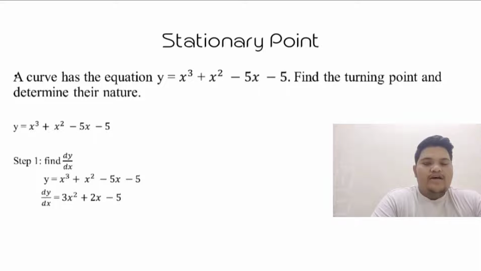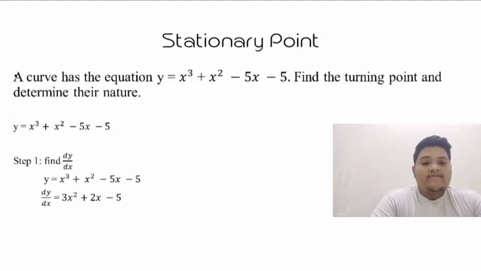Today I will present stationary point question number 1. The question is, y equals x power 3 plus x power 2 minus 5x minus 5. Find the turning points and determine their nature.